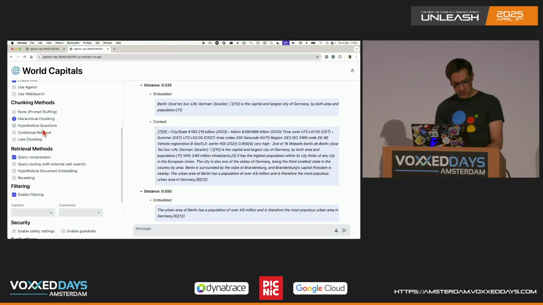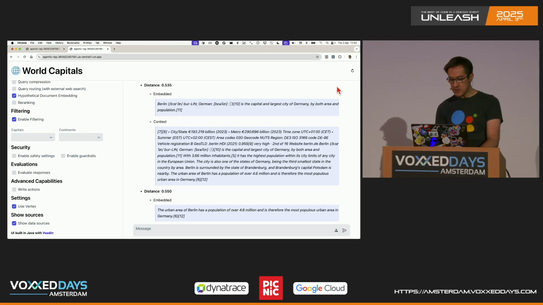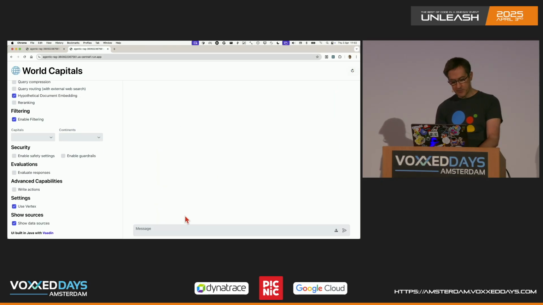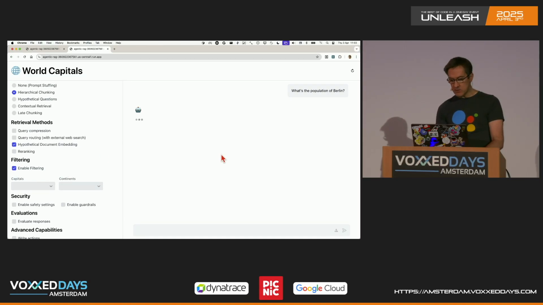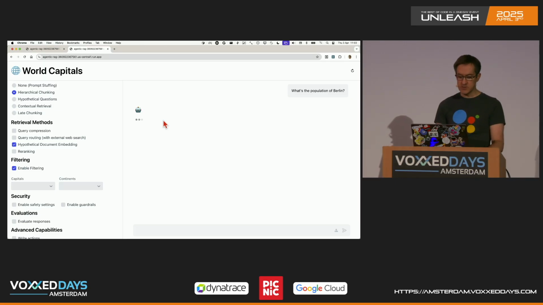output, in the original. So let's see, where is it? Hypothetical document embedding. And let's reload that. And again, what's the population of Berlin? I could use another one, I guess. And you'll see how it reformulated things. But the fact that I'm using a big LLM like Gemini, it knows world knowledge pretty well.